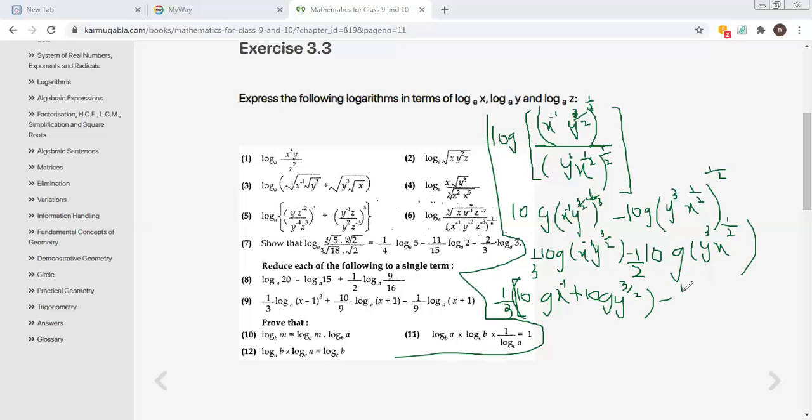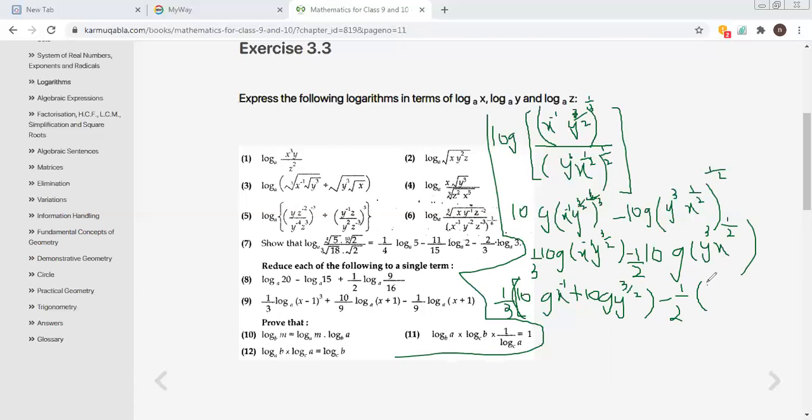Now 1 upon 2 will be written as it is because we are not multiplying at that time; the law of log is applying here. The second term is also in product form, so we will solve it according to law number 1.